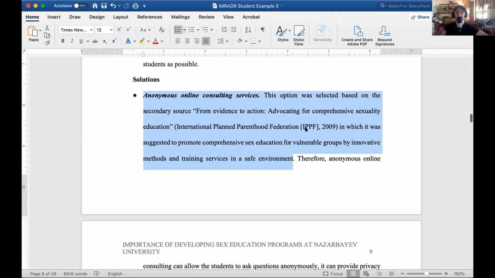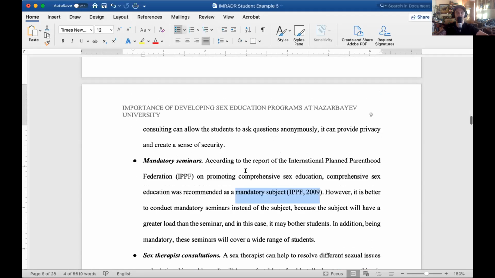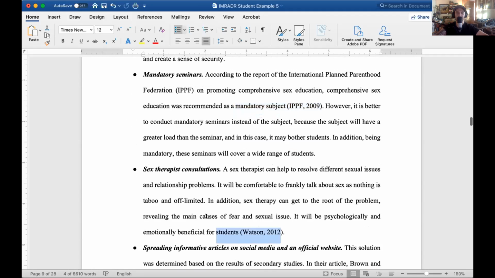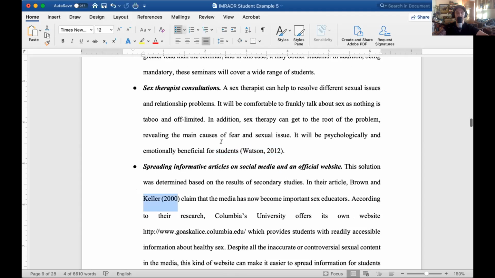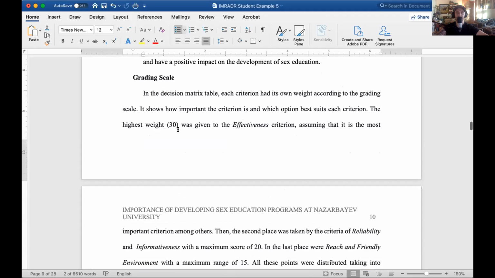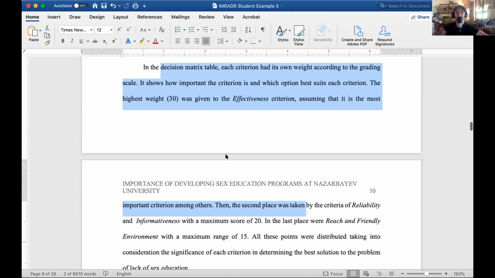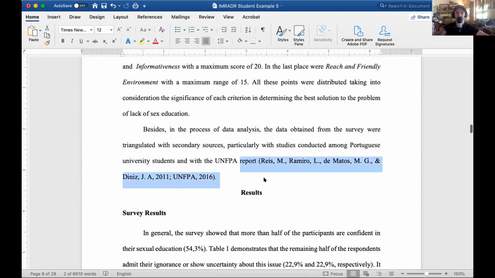But notice all the different sources here. We've got this IPPF one, which is used a couple of times, but then we have Watson and Keller. And so we have some good foundation here within secondary research. And they even explain how they're going about their grading method, okay, with some more secondary research there.